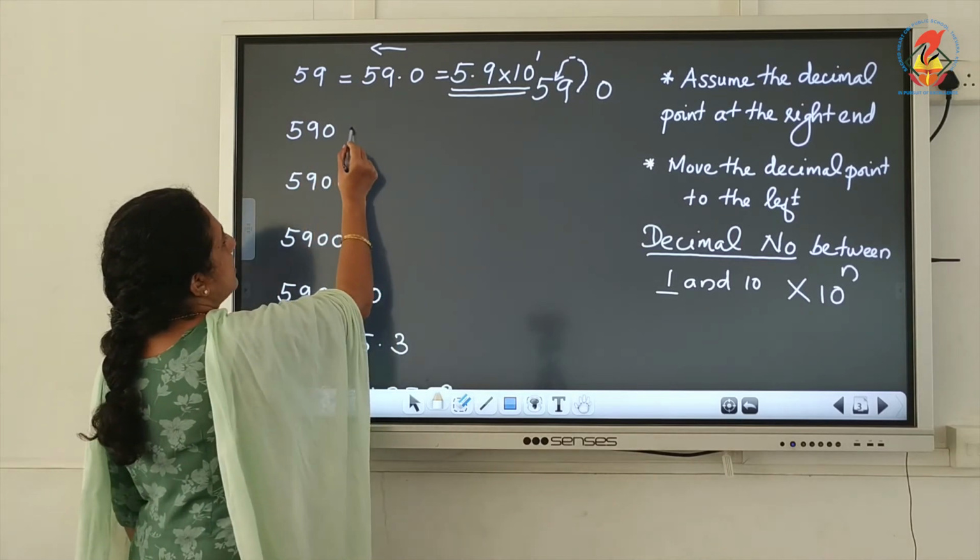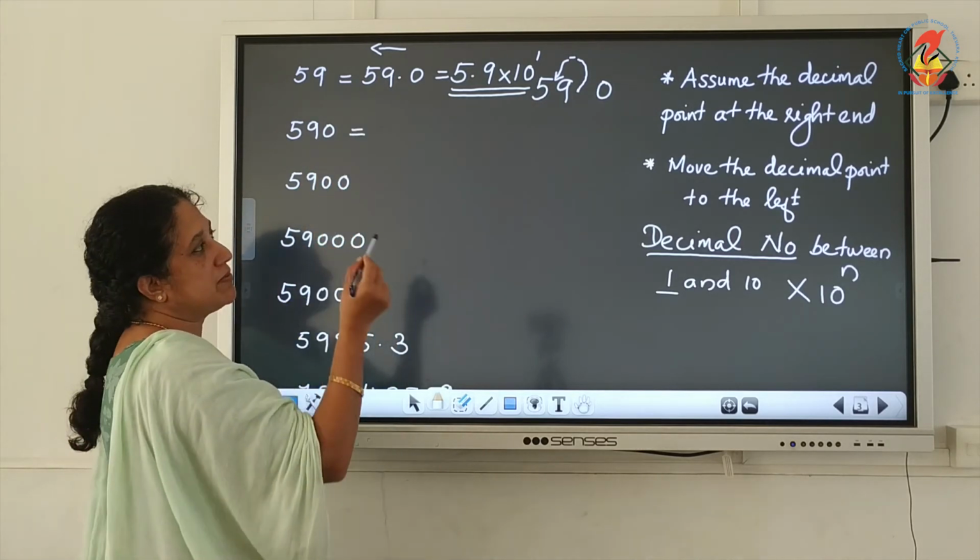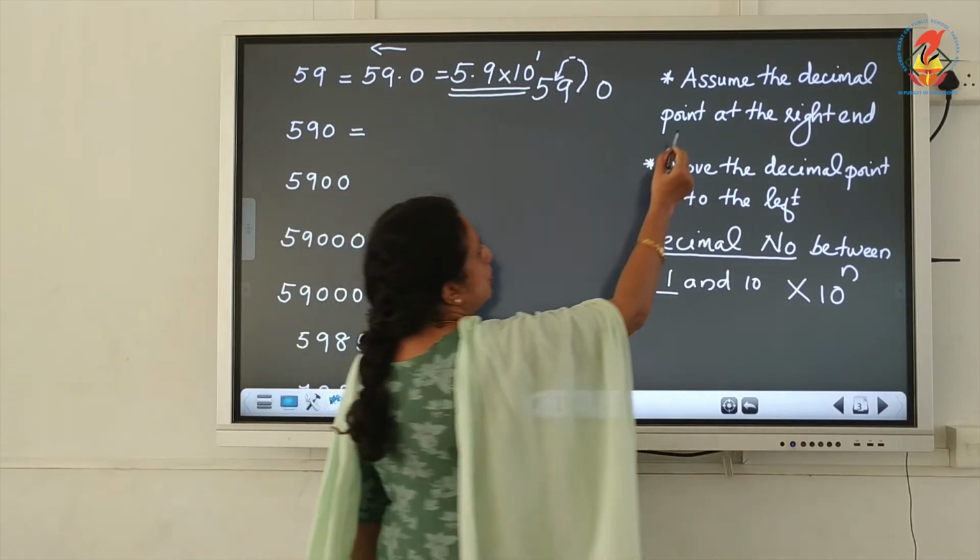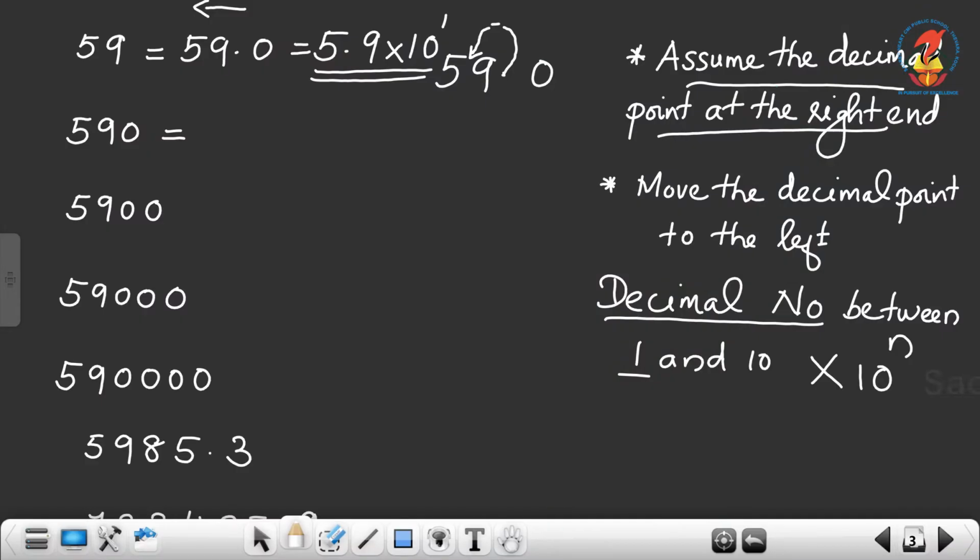Now 590. What is the first step? Assume the decimal point at the right end. All the time there is no need to write the given number in the decimal form; for the first 3 or 4 problems we can write it that way. So 590 means 590 point. Now we want to move the decimal point to the left so that we get only one digit in the whole number part.